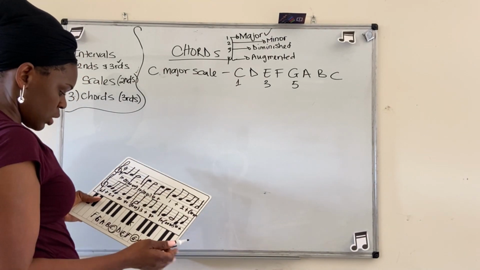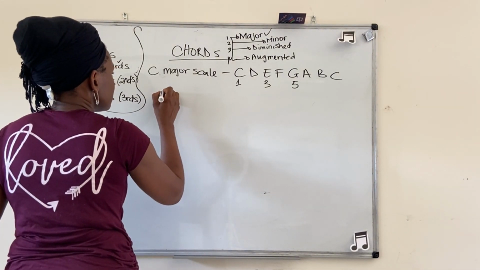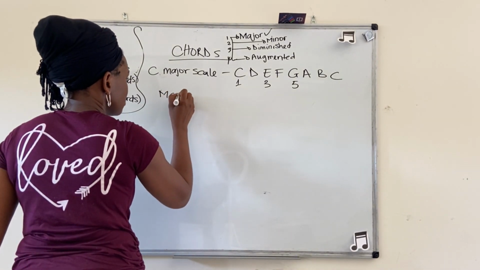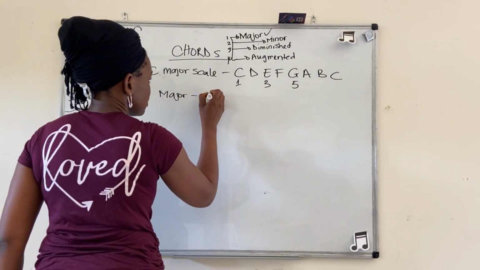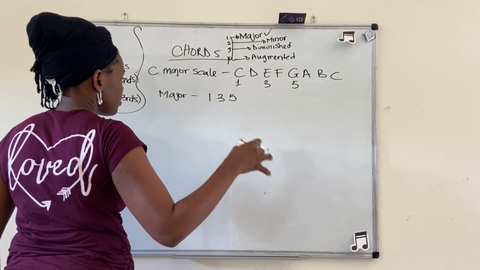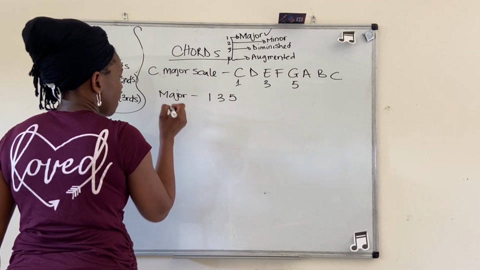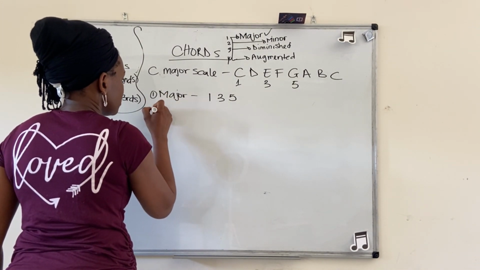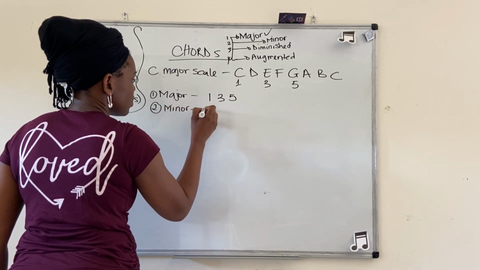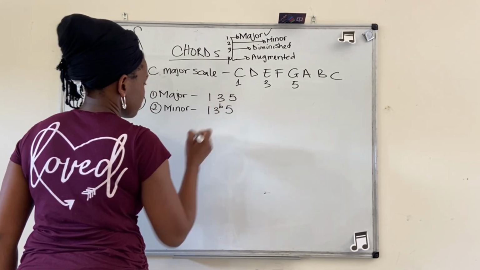Yes. So now we said that our formula for the major chord is 1, 3, and 5 played together. The minor is 1, 3 flat, and 5.